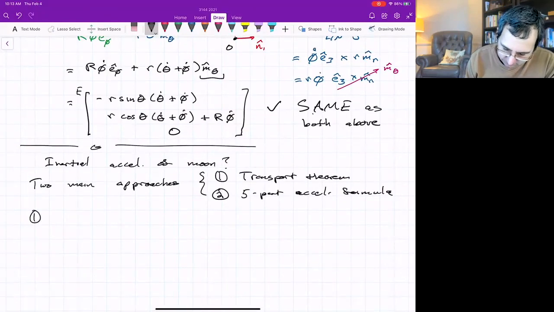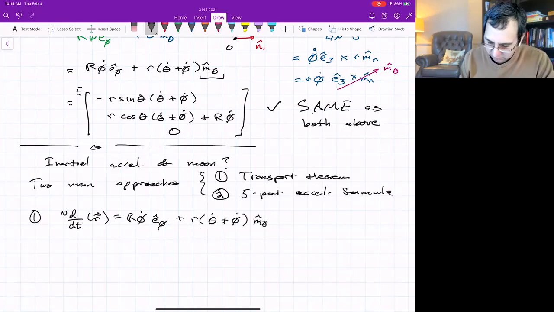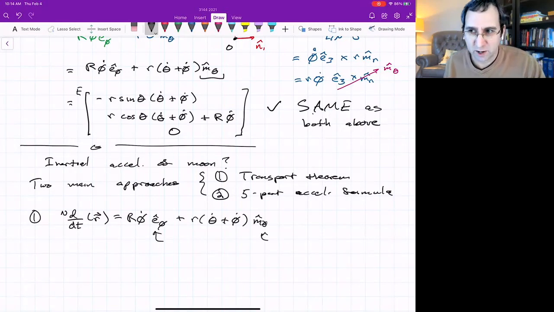Approach 1, right? We've already got what the first derivative of that position was, and we've written it up above a few times now. In its simplest form, you're mixing the unit vectors from two different frames, but that's okay, as long as you write the final answer in terms of the E frame.